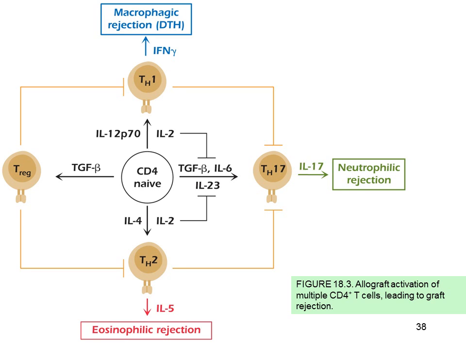For example, if this CD4 T cell starts producing IL-2 and IL-12, this will cause differentiation to Th1 type of cells. And Th1 type of cells are pro-inflammatory. So the biggest cytokine that will come in the pro-inflammatory cascade is gamma interferon.